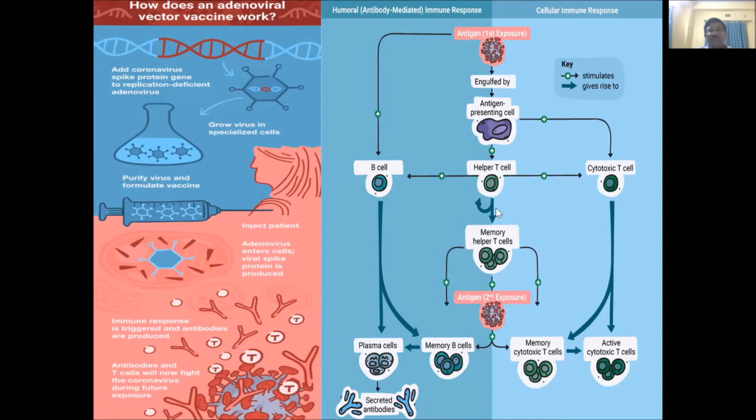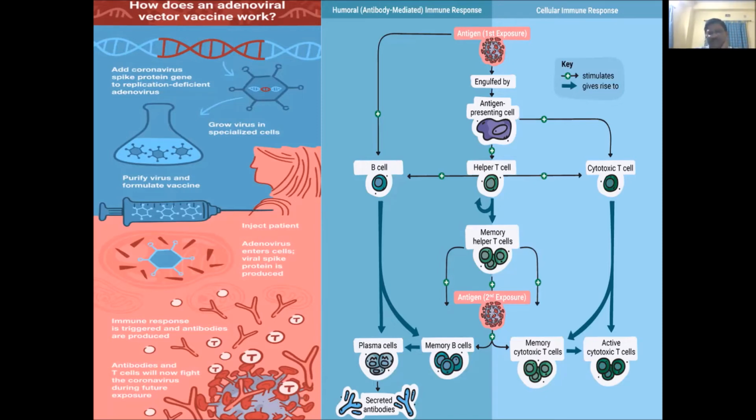And you know that whenever antibodies are produced, they keep some helper T cells, which are gradually converted into memory helper T cells. And whenever there is a second antigen exposure, for example, by a booster dose or by the true coronavirus spike protein, these helper cells will identify that, yes, I have been exposed to this before, and will produce a huge number of antibodies, which will protect you against the disease.